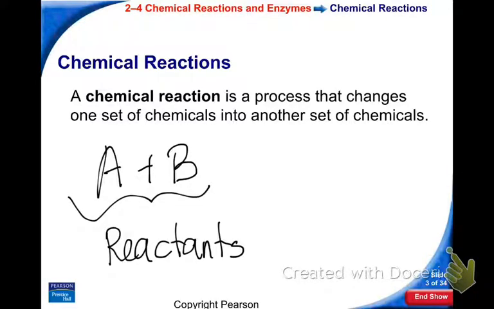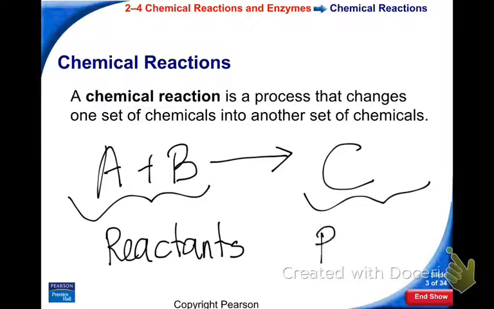So reactants A and reactants B react together in a chemical reaction to produce something called C. And anything here on the right side of the arrow is going to be a product. So in that rust sample that I was just talking about, our reactants would be the iron and the oxygen in the air and the water, and that would turn into iron oxide, your rust product.